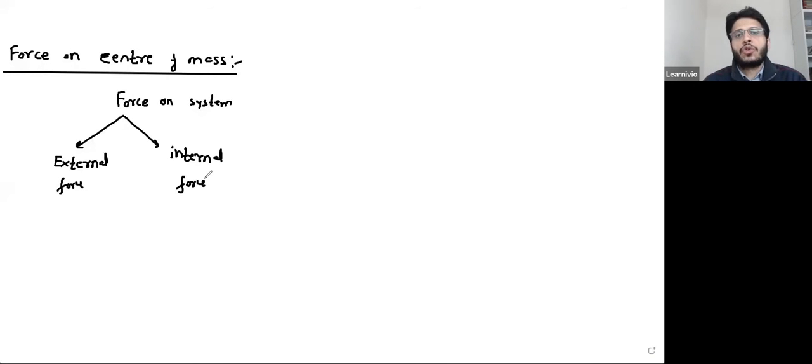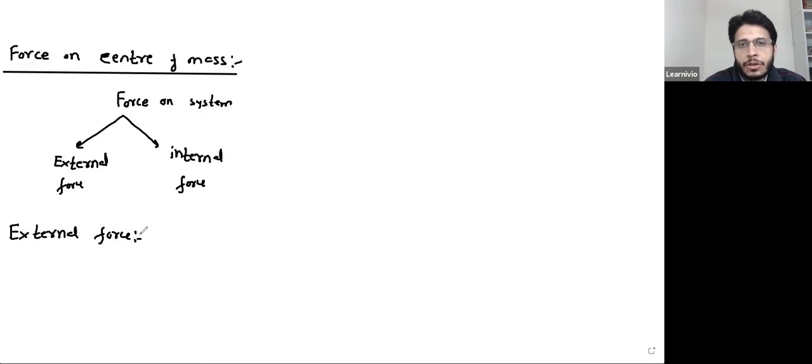Before starting force on center of mass or conservation of momentum of center of mass, you should have a very clear-cut division in your mind that the forces that you will encounter may be external or they may be internal forces. So let's differentiate what is external and what is internal force. External force here means force acting on the system by agencies out of the system. If I give an example, say the system is Earth and Moon together.